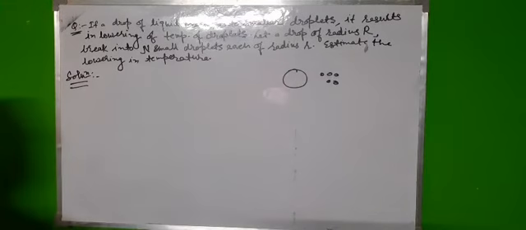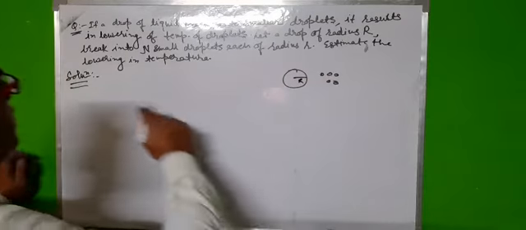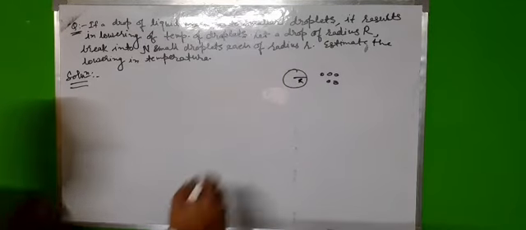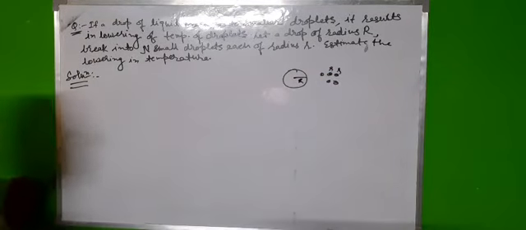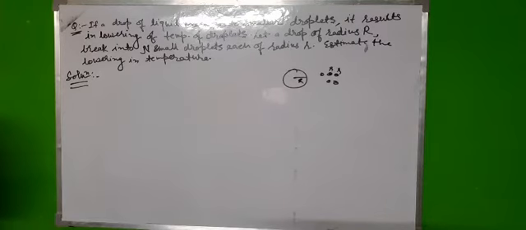Let a drop of radius capital R break into capital N droplets each of radius small r. Estimate the lowering in temperature. We have to find out by what value the temperature is being lowered.